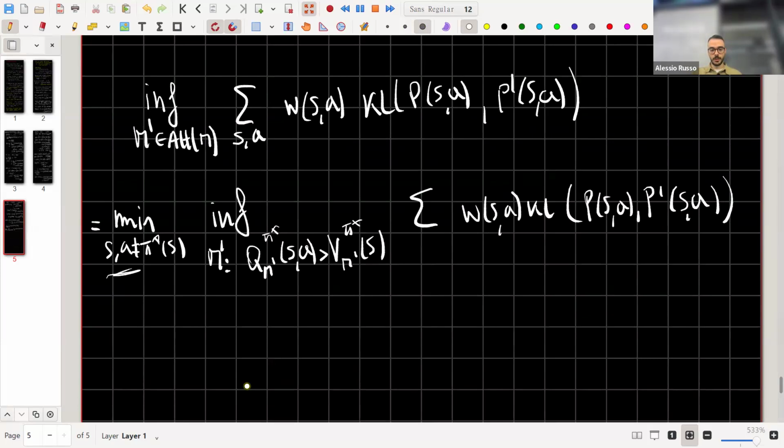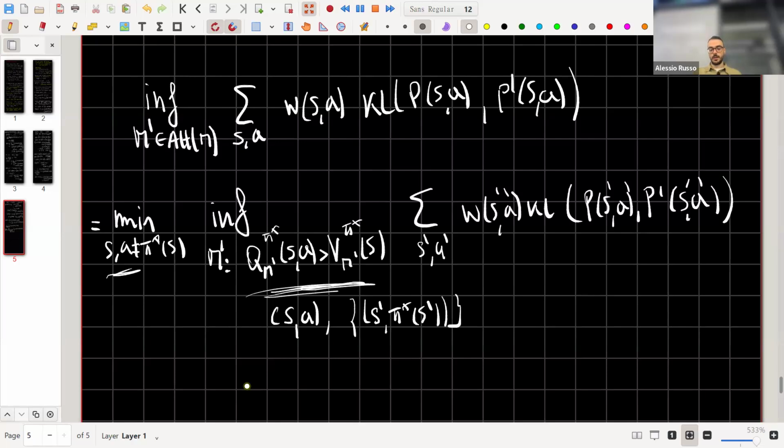So maybe we can write S prime, A prime here. What's interesting is that this constraint is only affecting the pairs SA and all the pairs S prime, pi star, S prime. It's not affecting any other state action pair. It's only affecting those.